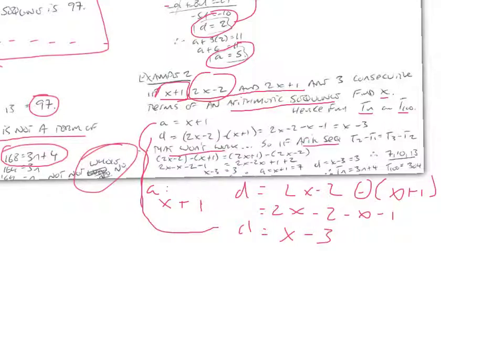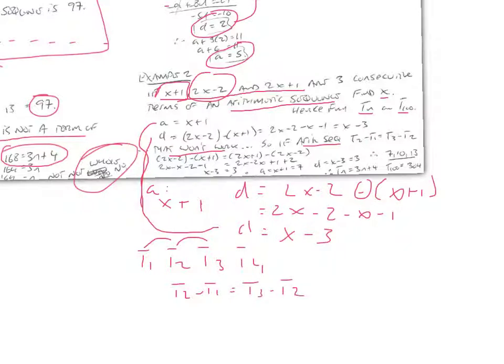It's an arithmetic sequence, so if we have T1, T2, T3, T4, T2 minus T1 is the common difference, and T3 minus T2 is the common difference, and they're the same. So it's fair to say that T2 minus T1 is equal to T3 minus T2.